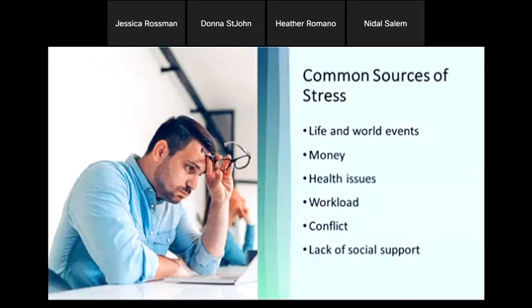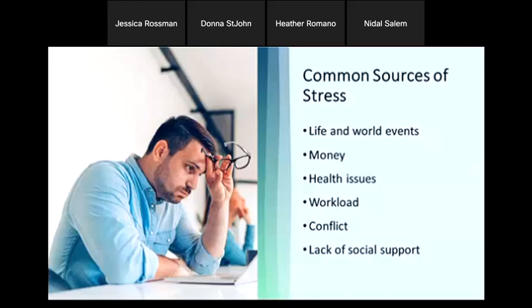There's also our workload. You said before you feel overworked or overwhelmed. We could be stressed with new responsibilities, a new promotion coming up, or learning a new computer system, or maybe just stress about an upcoming meeting with your supervisor or director, and all those competing priorities and expectations that we have. There's also the stress of conflict, any interpersonal conflict, personal or at work, with a family member or coworker, or even just anticipation of spending time with someone that you don't really get along with.